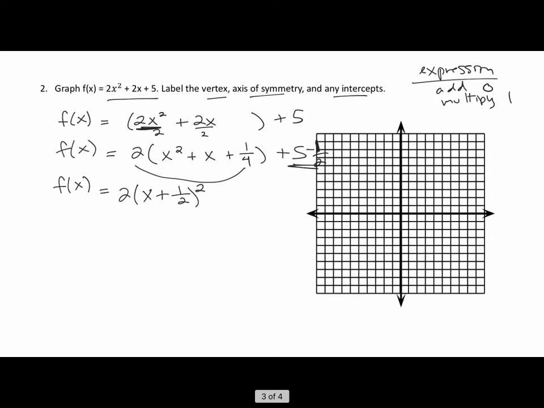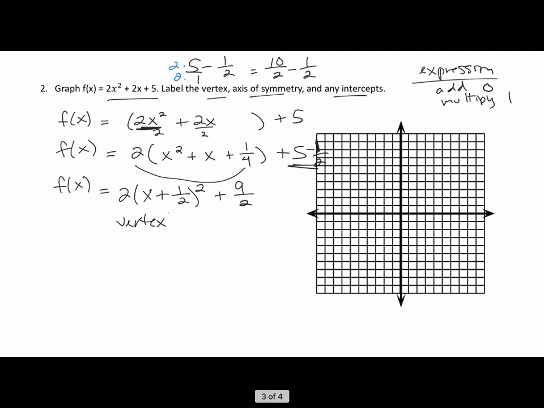And then outside I have 5 minus 1/2. So I need to get a common denominator here of 2. So that will be 10/2, same as 5, minus 1/2. And that gives me positive 9/2 altogether. That's not fun. Okay, let me put those in decimals for the vertex then.